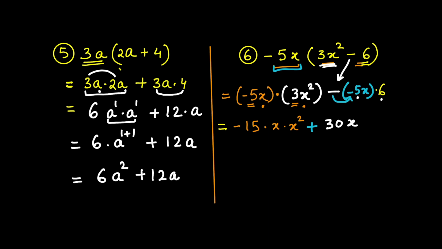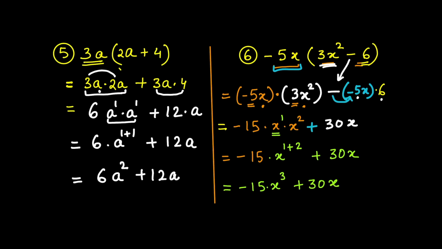Now going to the next step, it's minus 15, and here we have x, no power is given, that means power is 1. So we write x to the power 1 plus 2, and plus 30 times x. So it will be minus 15 times x cubed plus 30x. This is the way we get the answer for this.